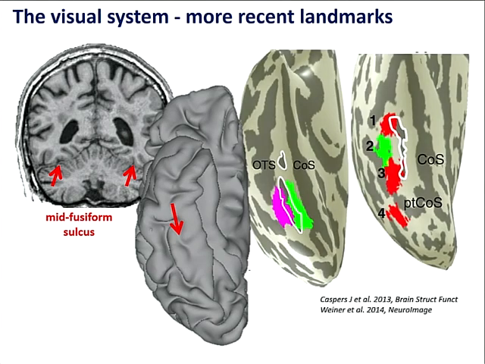Because if you do functional imaging as well as some mapping, and that is what the next talk will show you, you can nicely see that this mid-fusiform sulcus identifies a separation between very important cytoarchitectonic microstructural areas, here on the left side, and some functional regions on the right side.